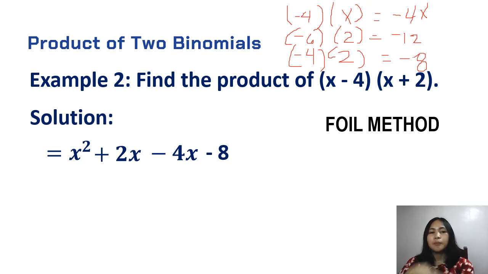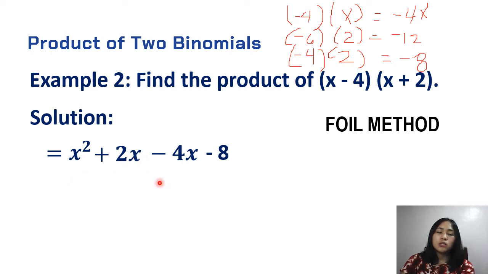Now, what's the next step? What did we observe in the given? What is the next step? We have to combine like terms. So, we have like terms: positive 2x and negative 4x. Since they have different signs, ma'am, how do we solve it? Since they have different signs, we apply addition and copy the sign of the number with the greater absolute value.